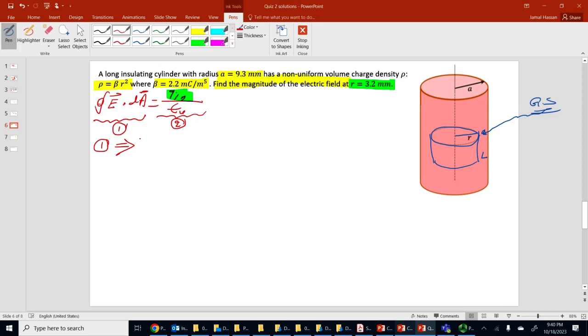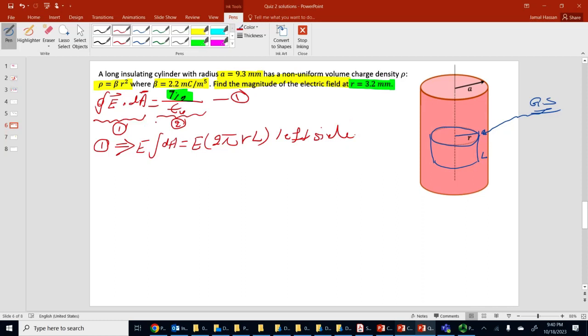So basically the left-hand side is simply equal to E times the integration of dA over the side of the small cylinder. The total integration of dA is 2 pi r multiplied by L. So this is the left side of equation 1.